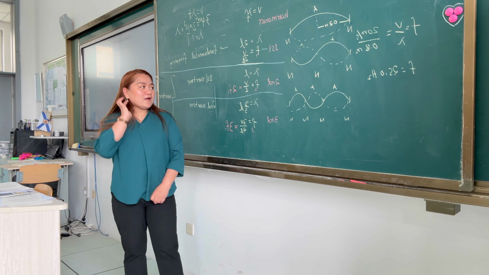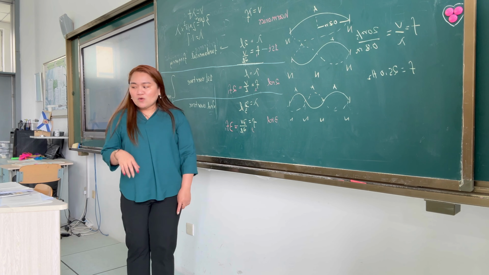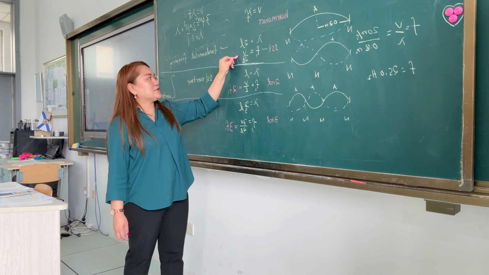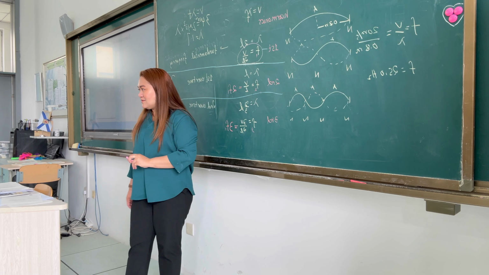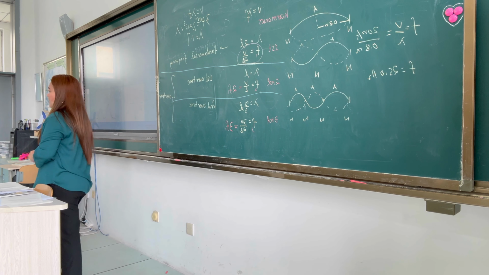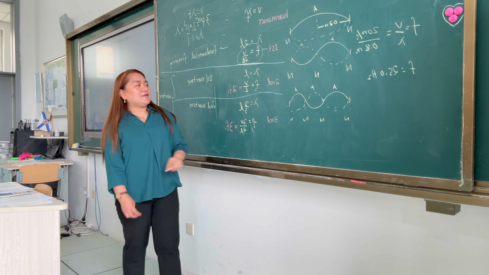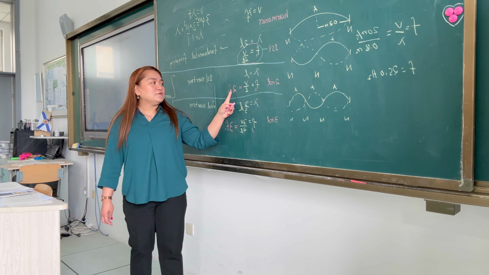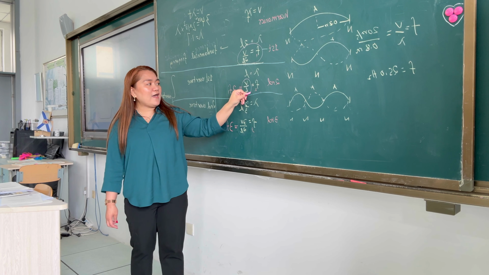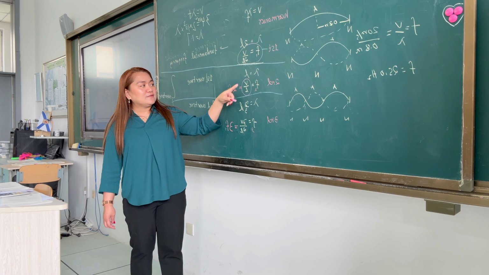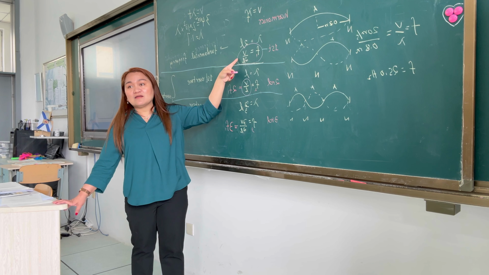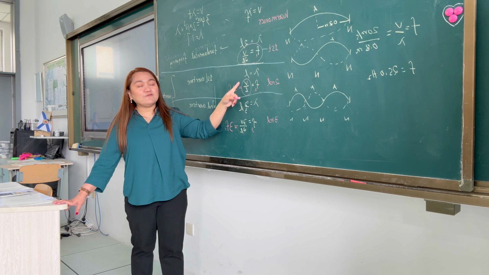Now, what is our F1 again? F1 is V over 2L. Now, how many F1 are there in F2?